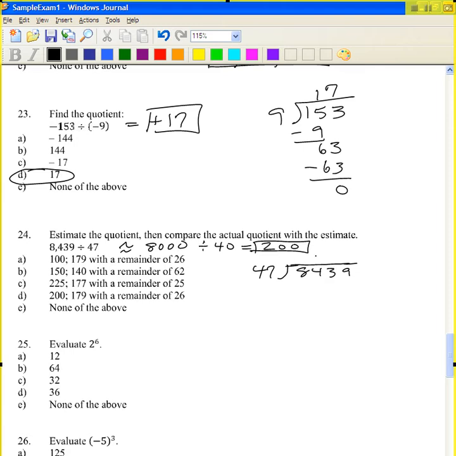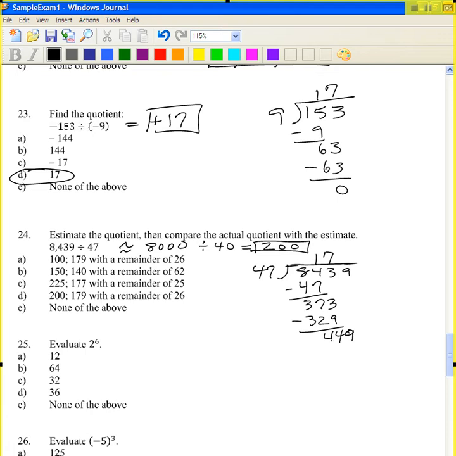So let's do 1 times 47 is 47. 84 minus 47, 37. Drop down the 3. 373 divided by 47, 7. And so I get 329. 373 minus 329, 44.